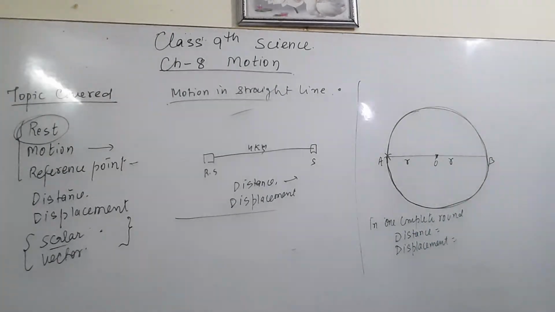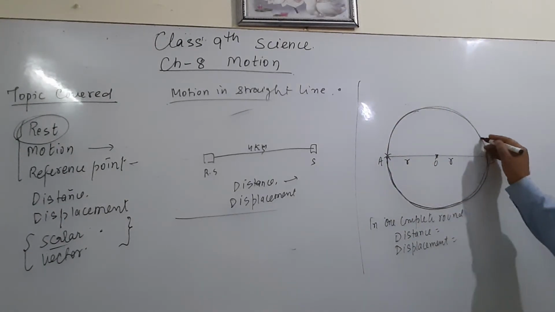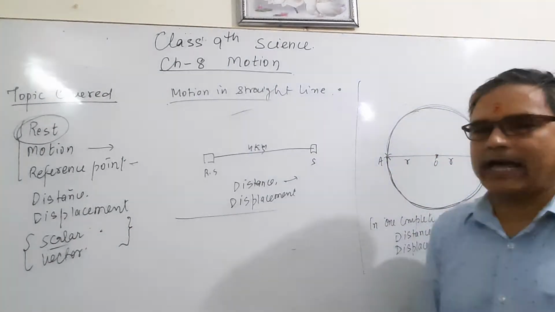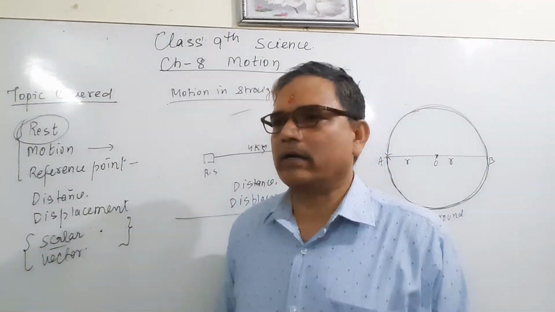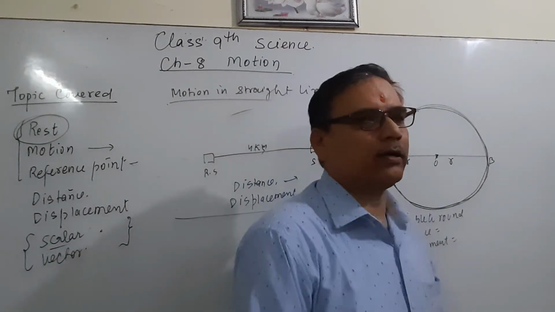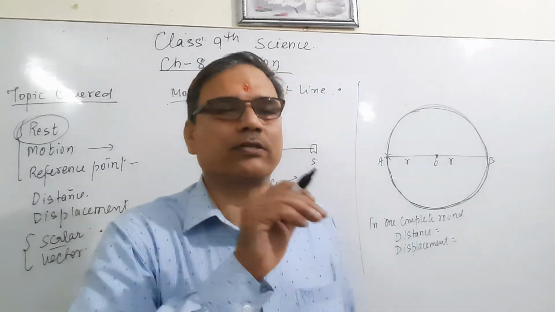Now tell me, I start from A and take a complete round, meaning I reach A again after one complete round of a circular path and come to my original position. Then what is the distance?